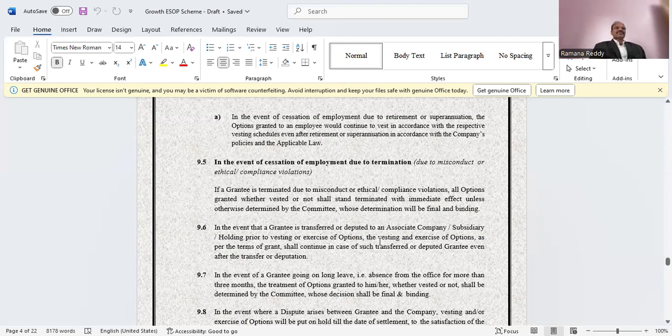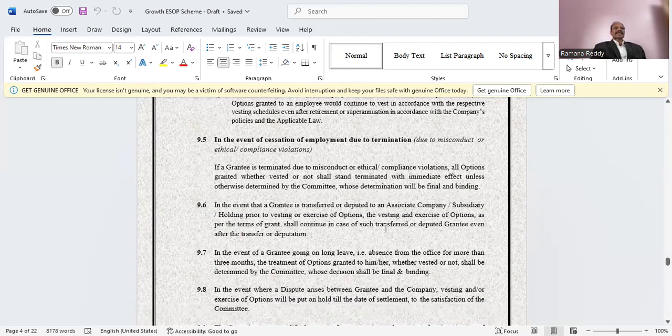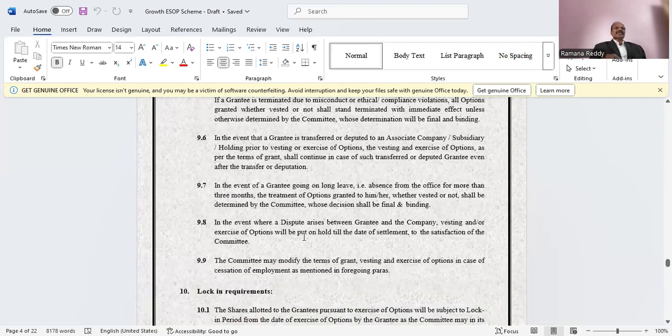And in the event that the grantee is transferred or deputed to an associate company or subsidiary company, no problem, that period will be considered and it will be continued. In the event of the grantee going on long leave from the office for more than 3 months, then the NRC will take a decision.